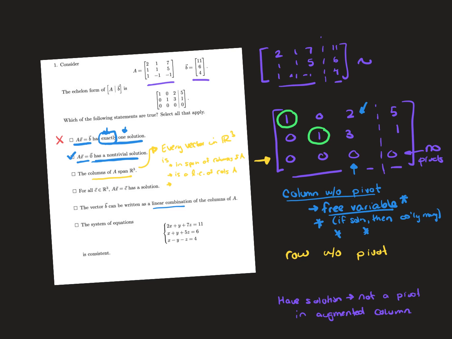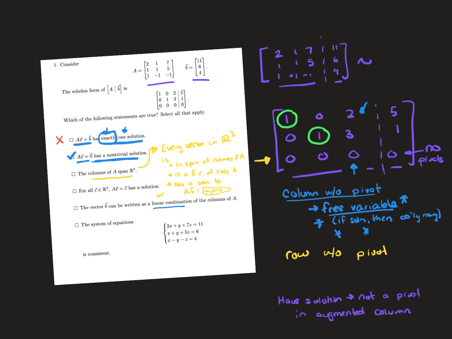I can think about having a solution to AX equals basically anything that I put here. So no matter which B I augmented on, I'm always going to get a solution.